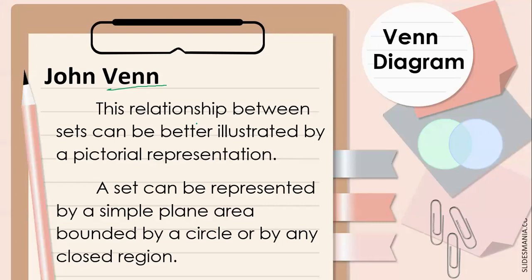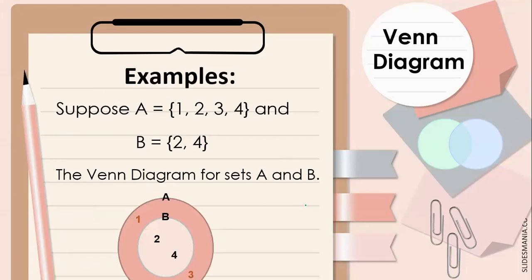And then this relationship between sets can be better illustrated by a pictorial representation. Okay, and then yung mga set, it can be represented by a simple plain area bounded by a circle or by any closed region. So magbibigay ako ng mga example na set which is ni-represent siya using Venn diagram. Ayan.